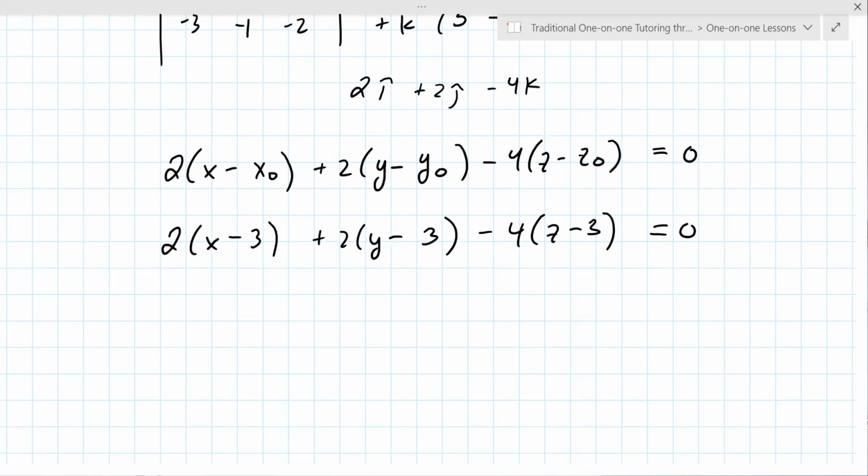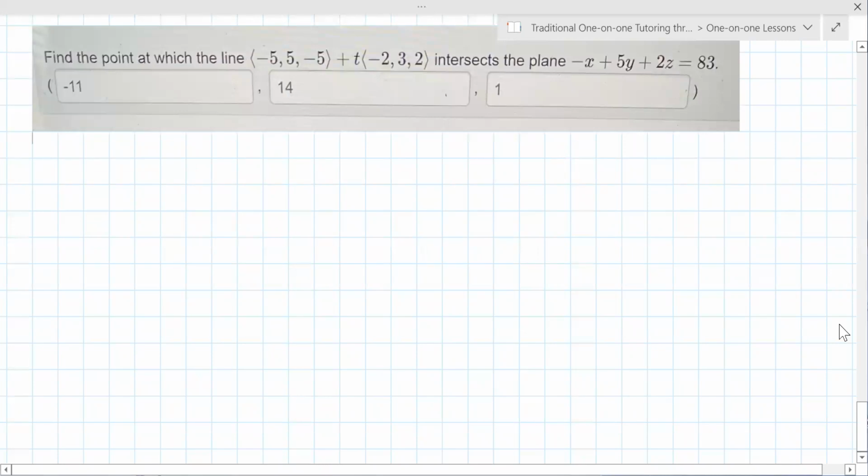All right, so next question. We did that one. I know you can't see, but I'm trying to do this. So we got, find the point at which this line intersects the plane.